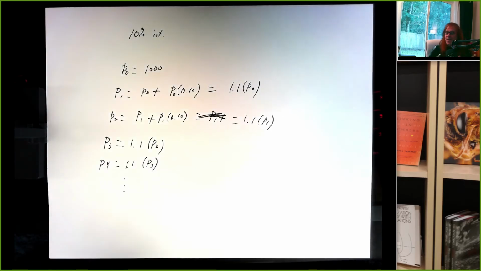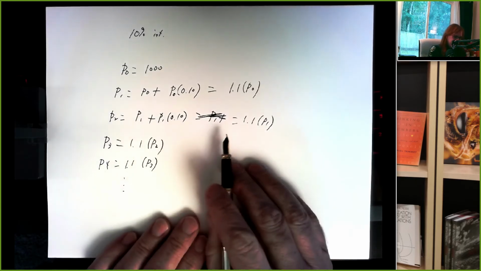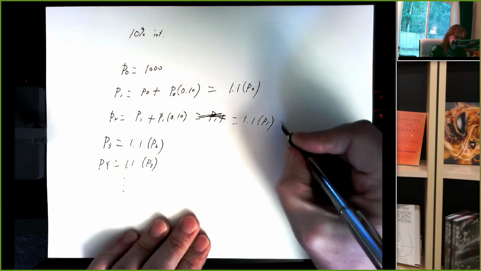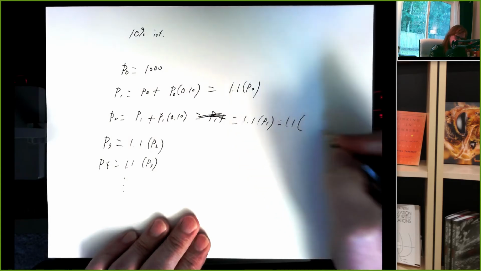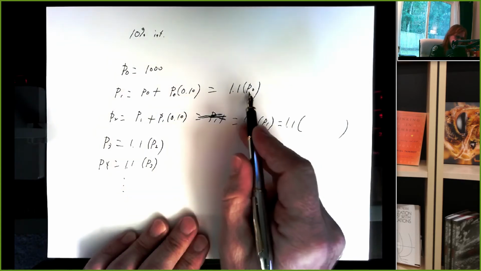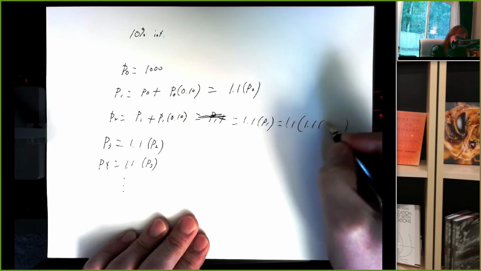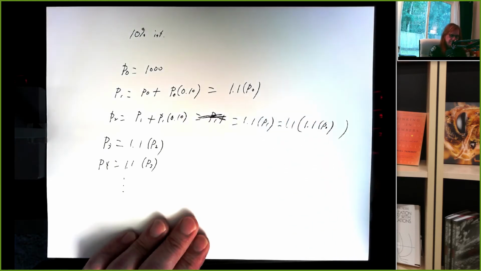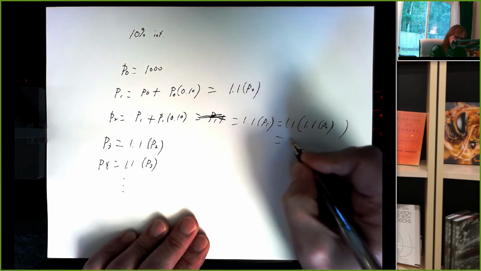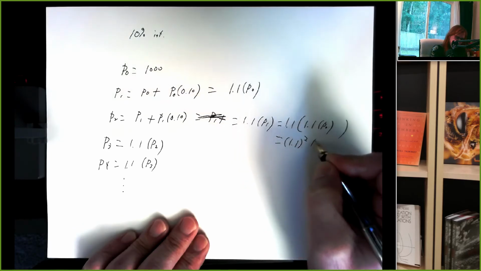Well, you can go back and substitute, and you can say, well, P2 is 1.1 times P1, which is 1.1 times, well, what's P1? It's 1.1 times P0, which is 1.1 squared times P0.